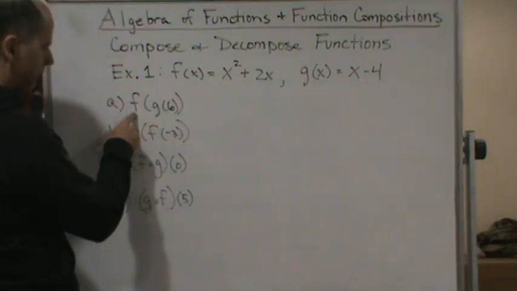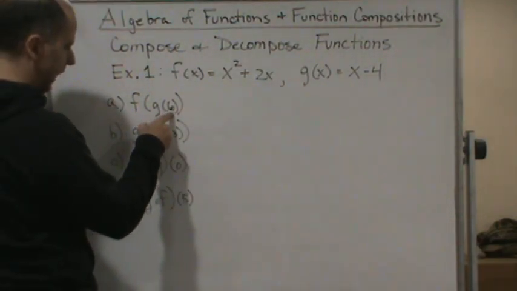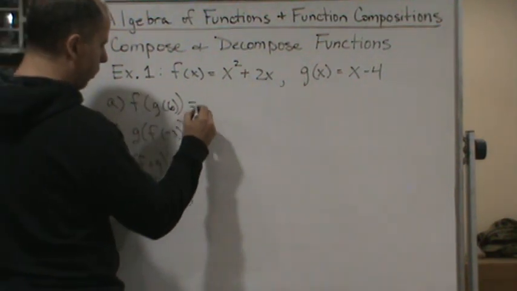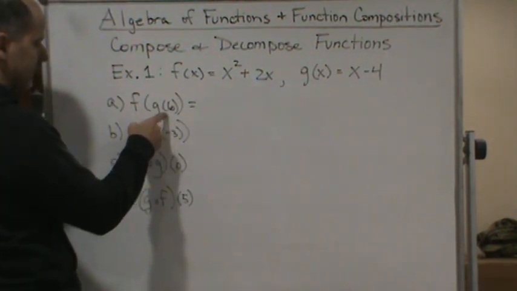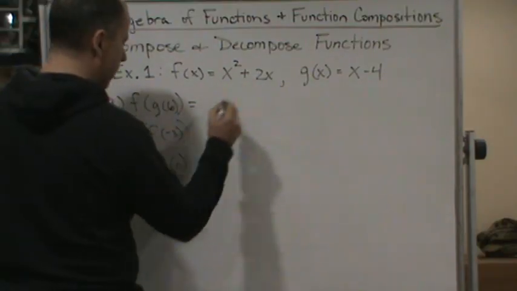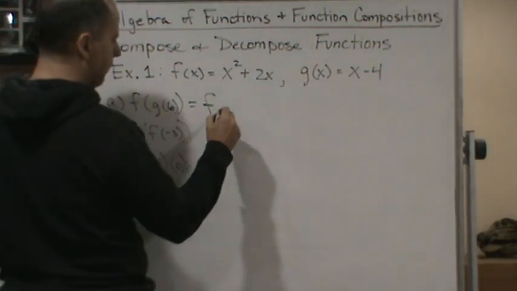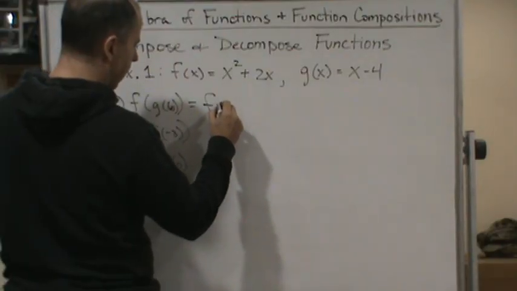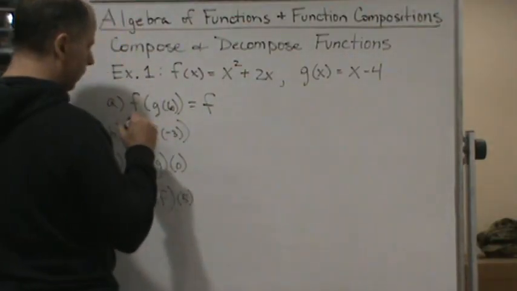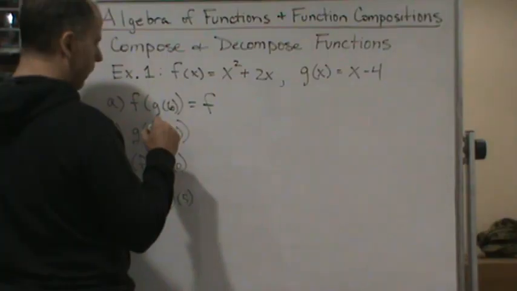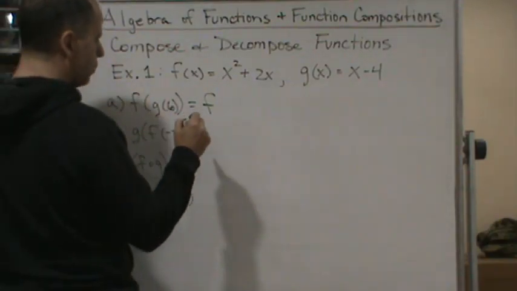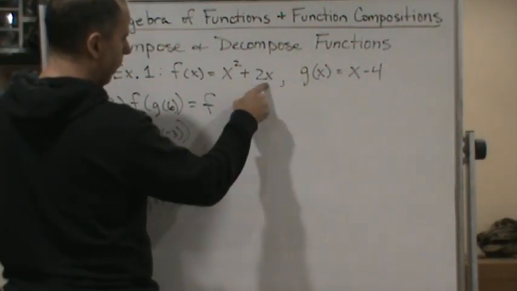So again, this is f of g of 6, right? So we're putting g inside of f. So we're doing f of g of x. So f is this rule right here, right?